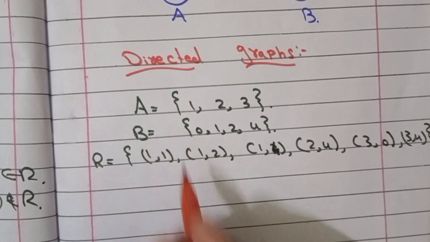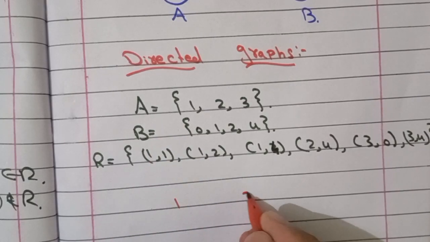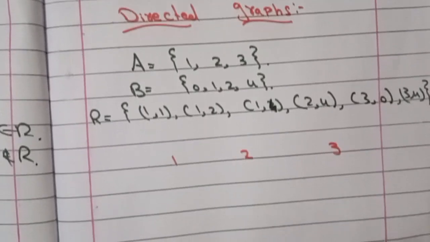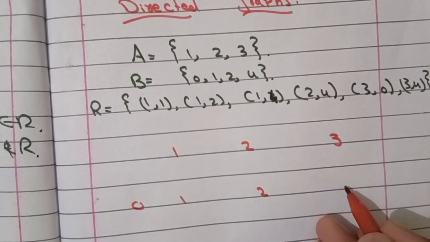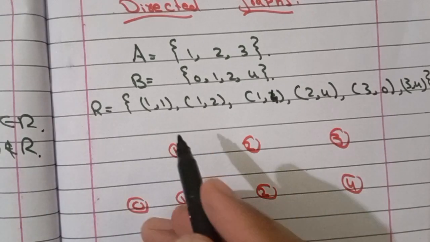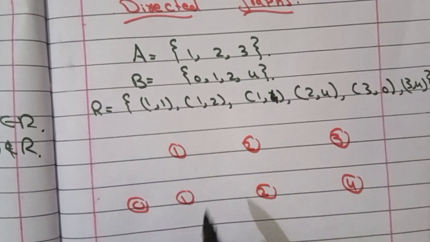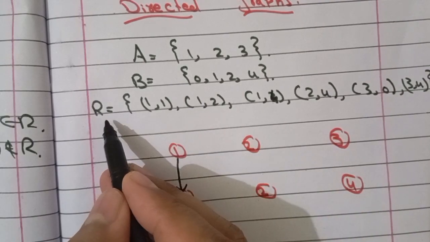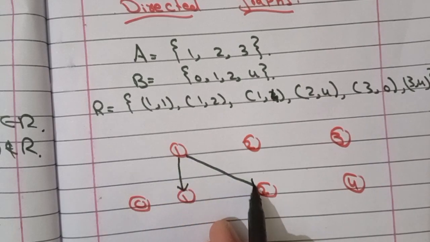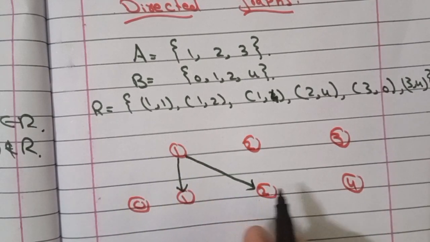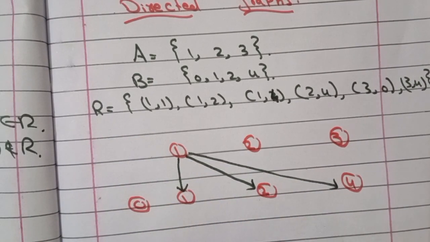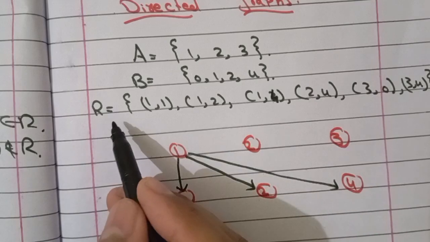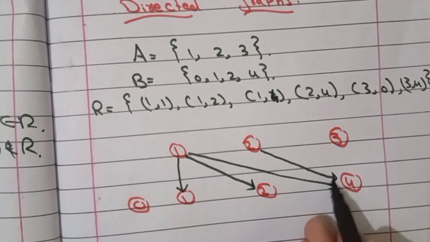So write down the elements of set A here: 1, 2 and 3, and elements of B over here: 0, 1, 2 and 4. Now (1,1) belongs to the relation R, so there is an arrow from 1 to 1, and (1,2) belongs to the relation R, so there is an arrow between 1 and 2 nodes. (1,4) belongs to the relation R, so there is an arrow between 1 and 4. (2,4) belongs to the relation R, so there is an arrow between 2 and 4.